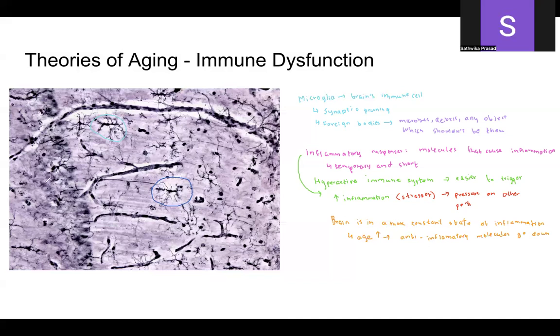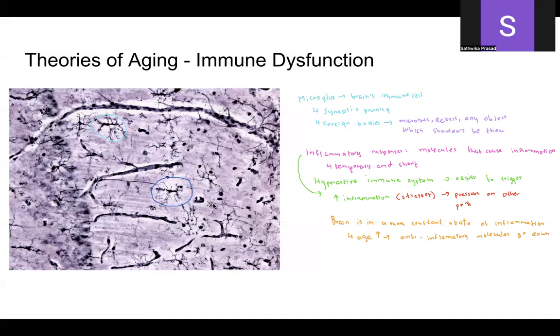And as you know, inflammation causes a lot of damage. It puts pressure on surrounding tissues, which causes damage on other parts of the brain. And because of that, it can cause cognitive decline. Slower cognition and all of that can technically be a result of too much inflammation in the brain.